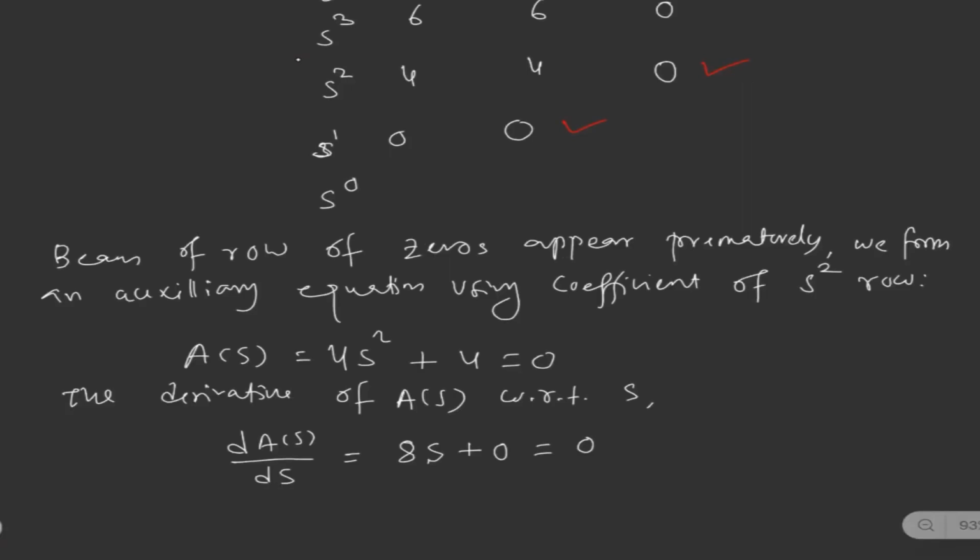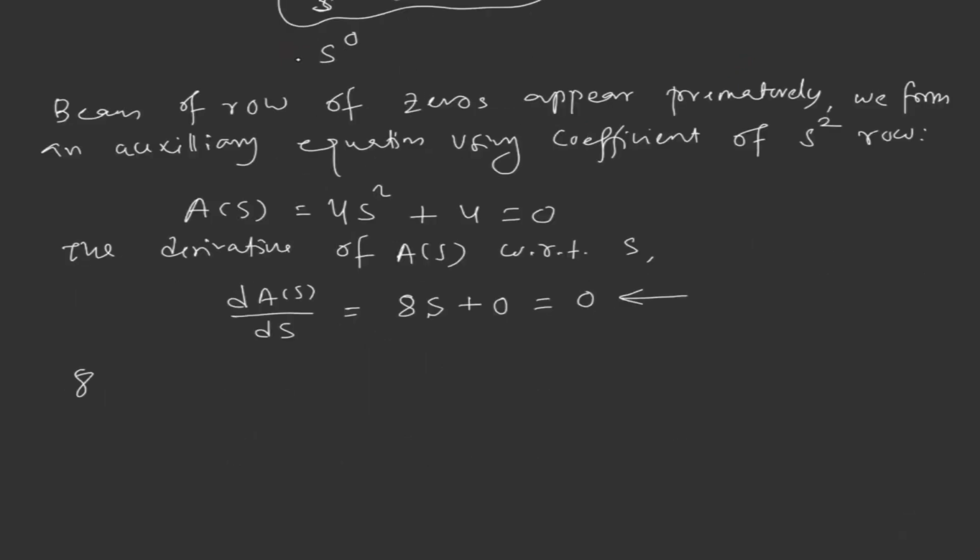Now, this equation's coefficients will fill the s to the power 1 row. So 8 and 0 will replace the zeros in the s1 row of the original array.